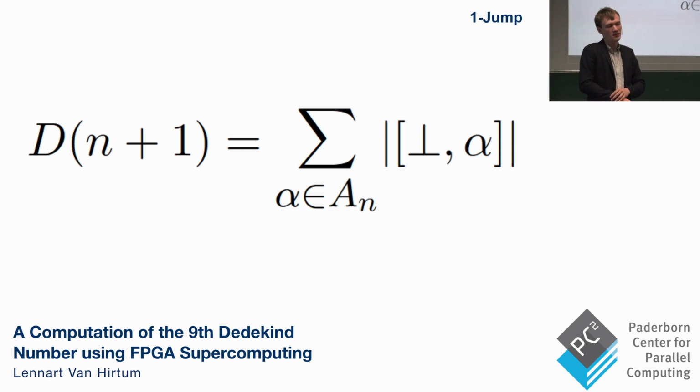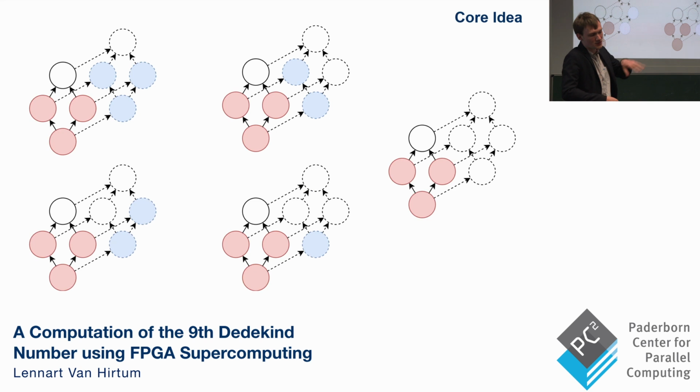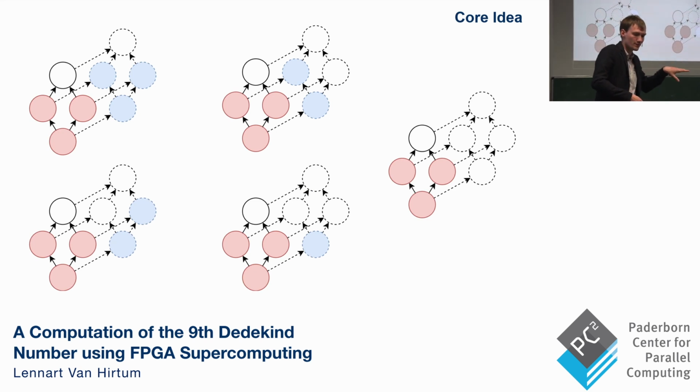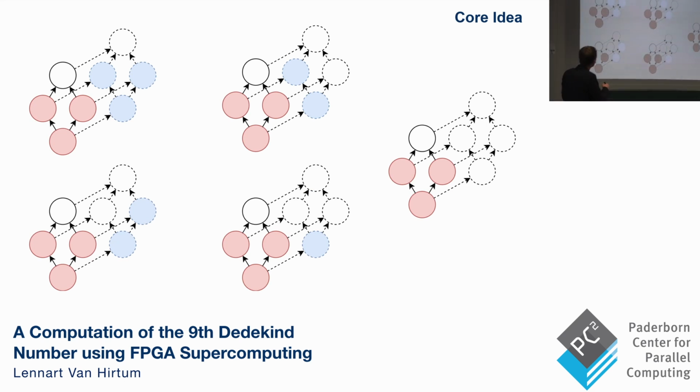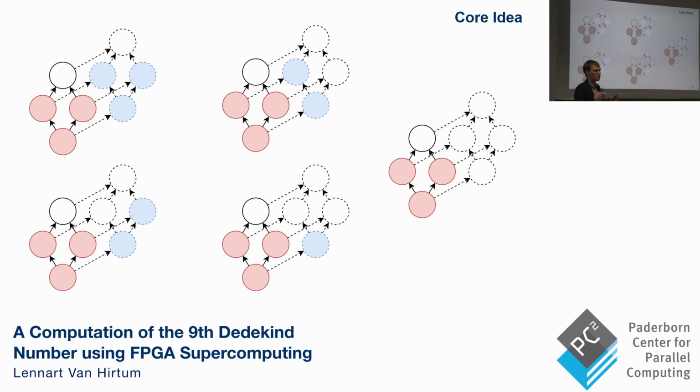Now, what does this mean? Well, I'll first explain it visually. Let's say this red one here on the side is our alpha. Then the interval size to bottom would mean all monotone Boolean functions which we can stick next to it, such that we extend our hypercube in the next dimension, such that our monotonicity requirement is still valid.